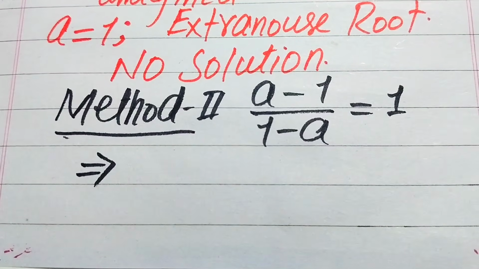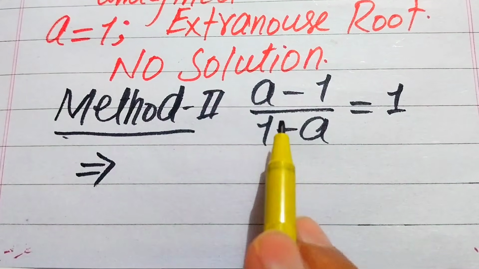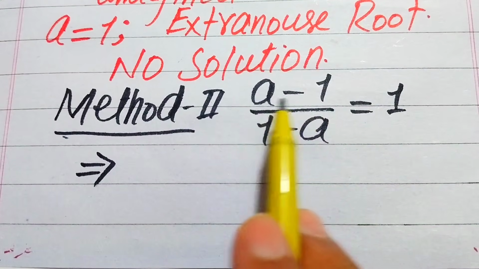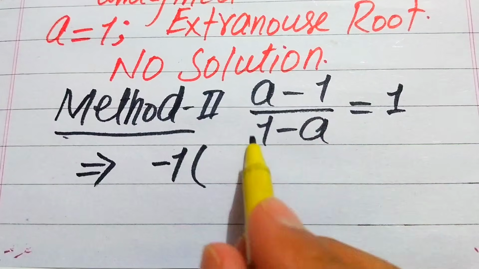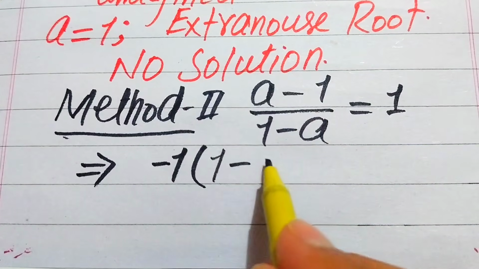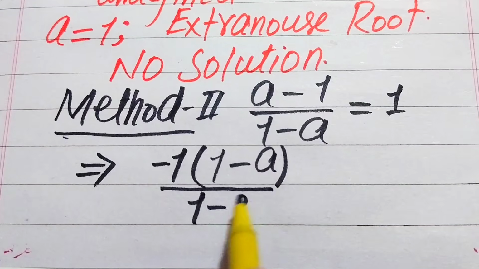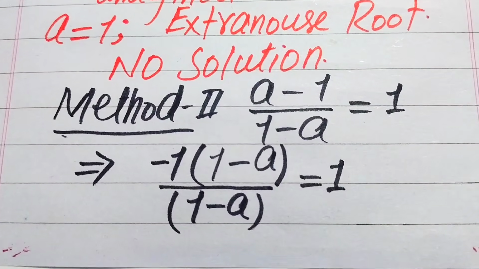Here we quickly determine the solution set of this problem. We need to focus on the numerator side, and in the numerator we take common negative 1, and when we take common negative 1 the remaining term is 1 minus a, divided by 1 minus a, and this is equal to 1.